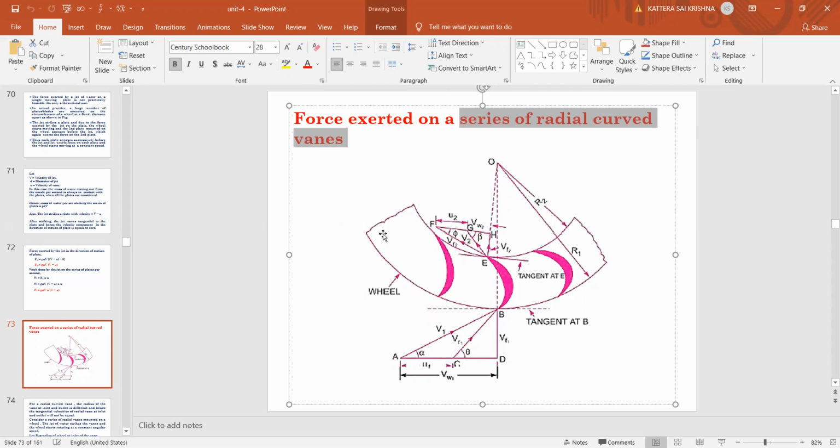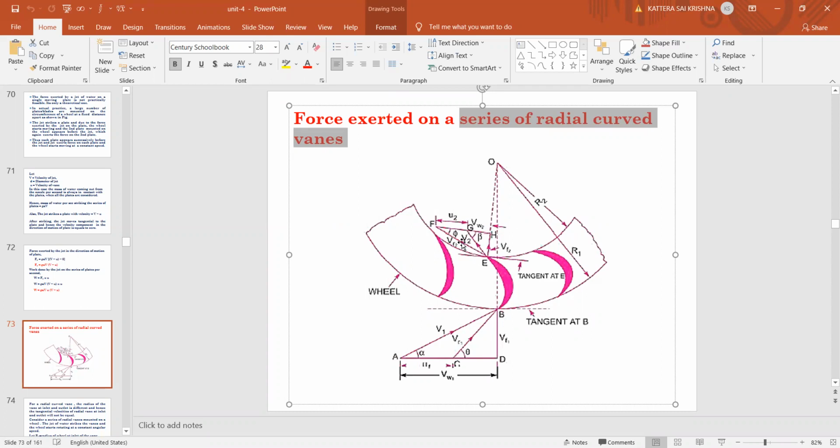U1 and U2 are calculated using the angular velocity omega: the velocity of the blade at inlet, U1, and at outlet, U2. Just one thing to remember: U1 and U2 were the same in the case of single blades.